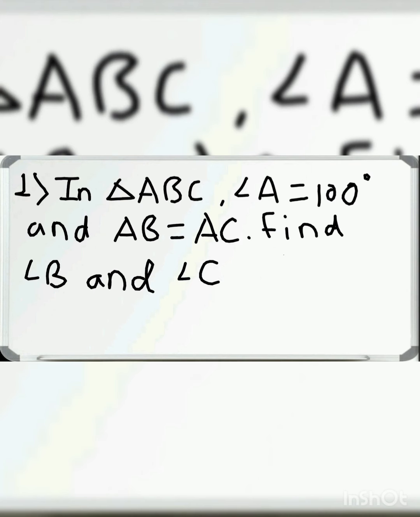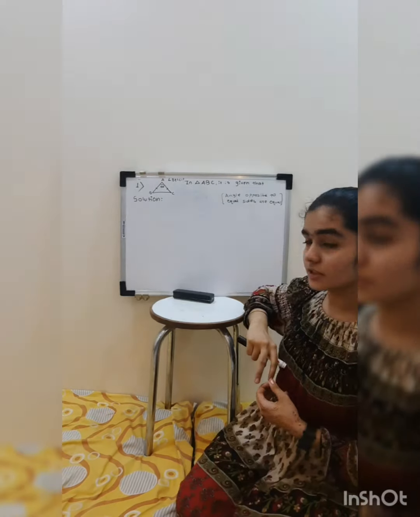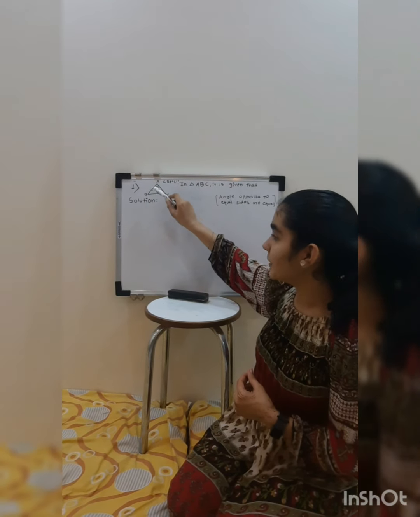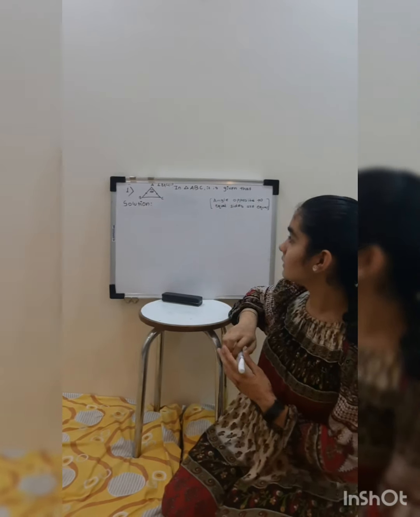For SAS, the first example is: in triangle ABC, angle A equals 100 and AB equals AC. Find angle B and angle C. For the solution, we first draw the diagram and mark it A, B, C, with angle A equal to 100 and side AB equal to side AC.